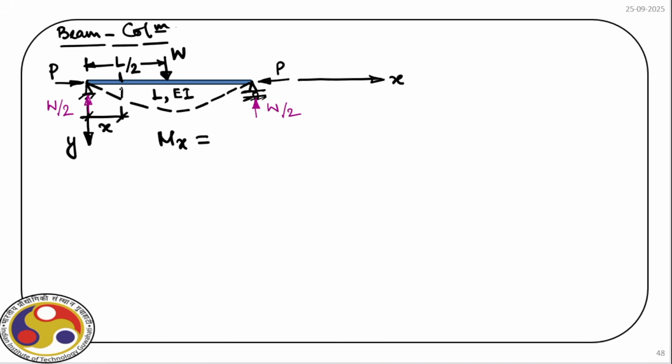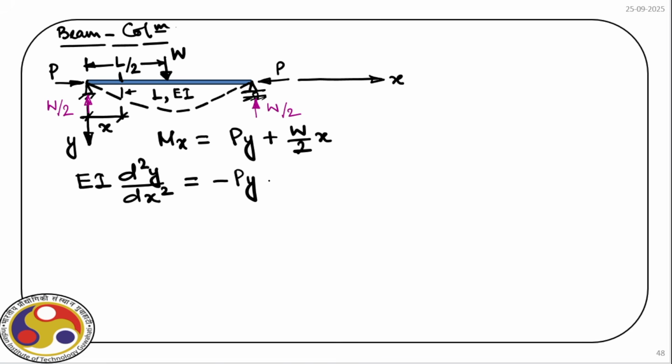So the moment at this section X, which is Mx, is P times Y. This deformation here is Y. So P times Y plus we have W by 2 times X. So the governing equation is EI d2y/dx2 is equal to minus Py minus W by 2 times X.